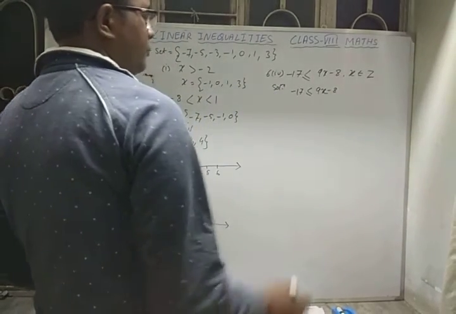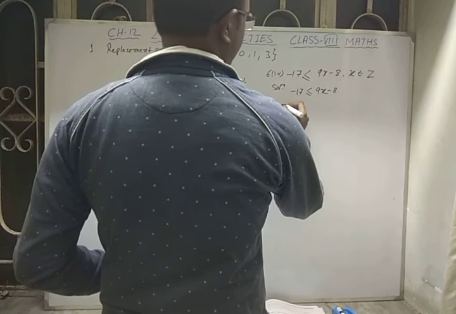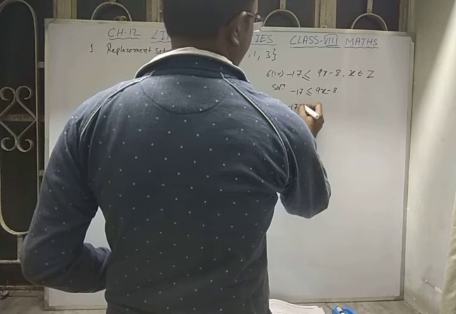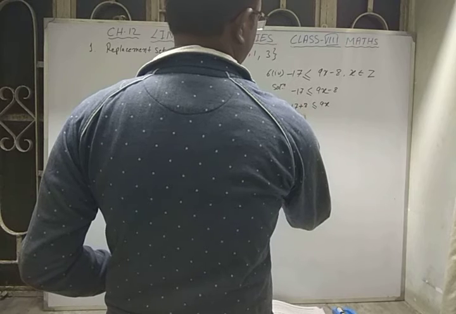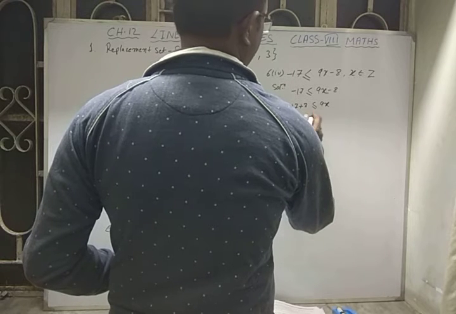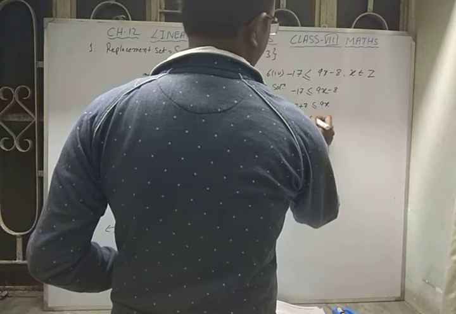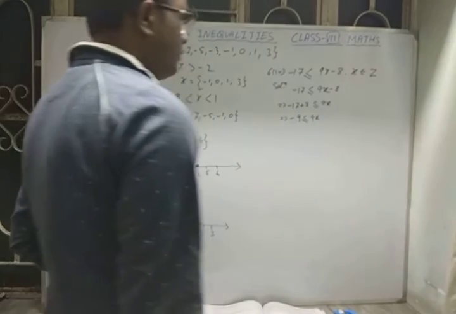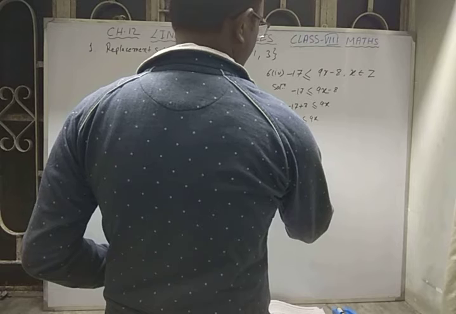Now how do we solve it? Just take minus 8 to the left hand side. What will be there? Minus 17 plus 8, which is minus 9, less than or equal to 9x. Now dividing both sides by 9, what will we get?